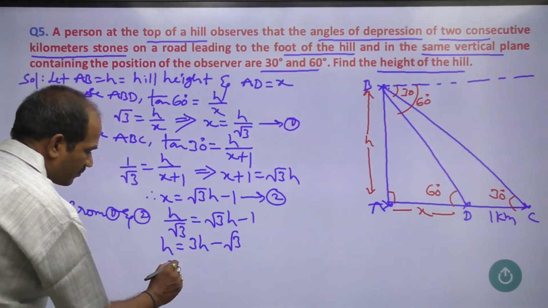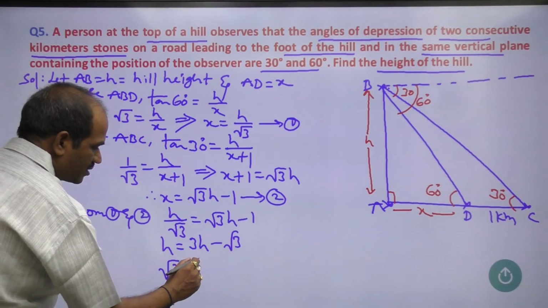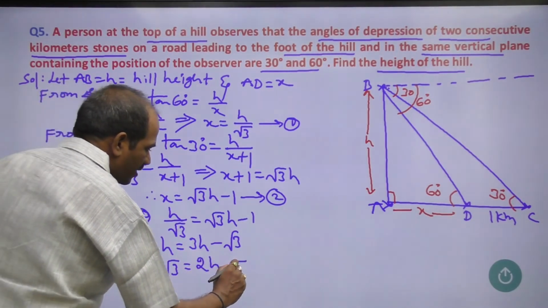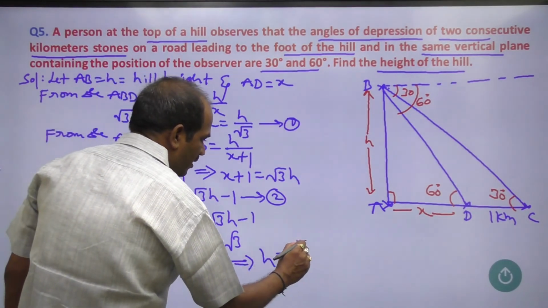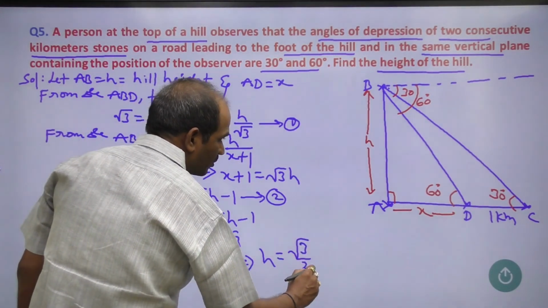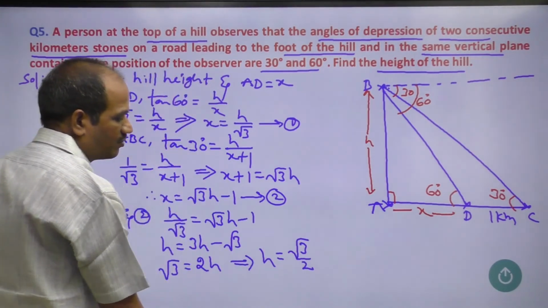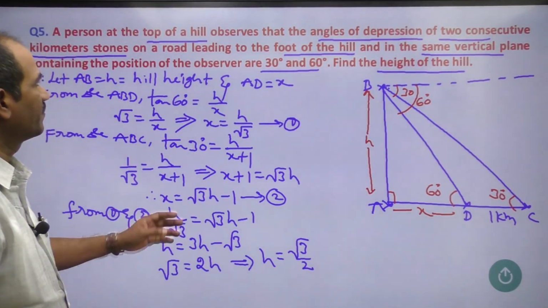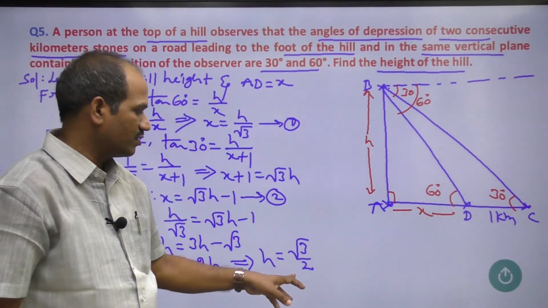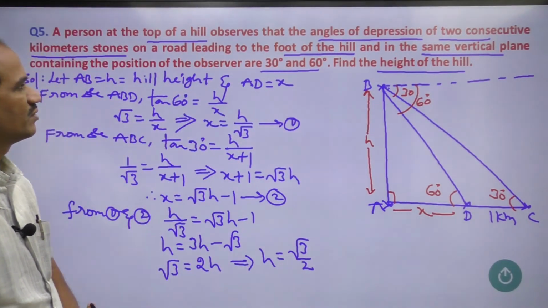Taking this, root 3 is equal to 3h minus h, that is 2h. That implies h is equal to root 3 by 2. The distance is given in kilometers. So the height of the hill is h equal to root 3 by 2.